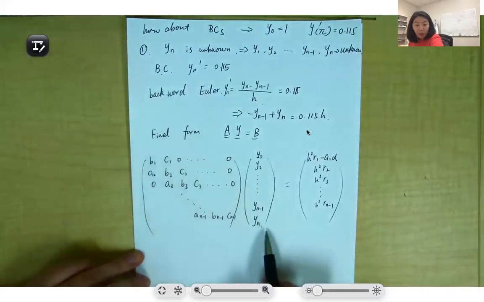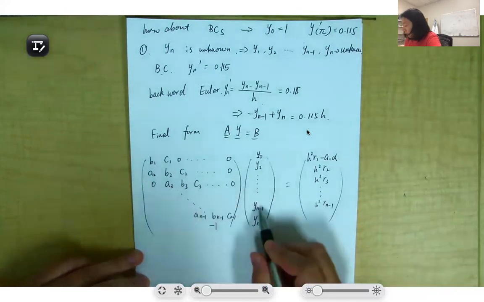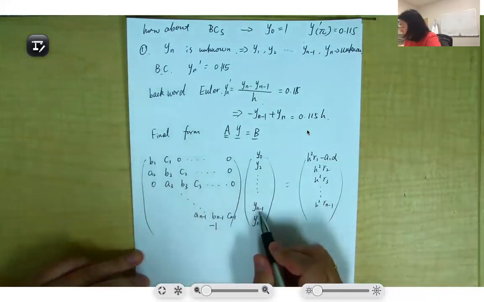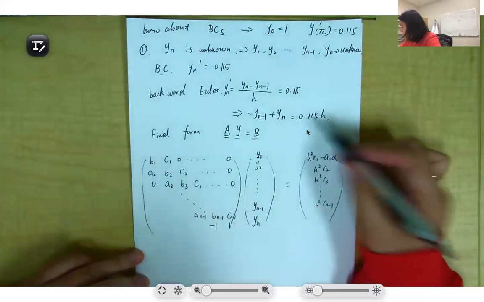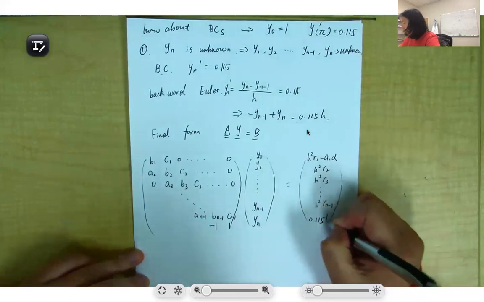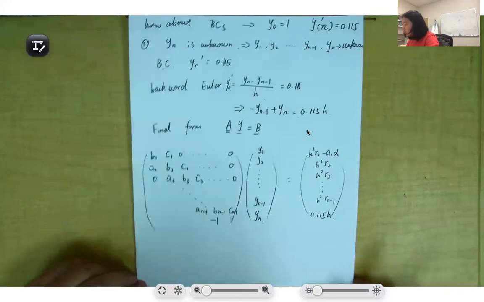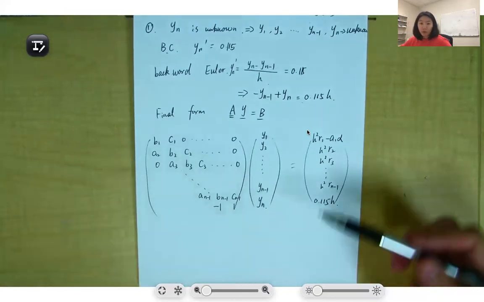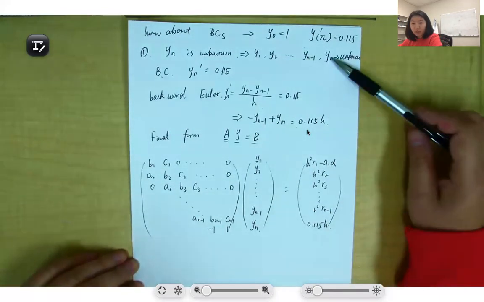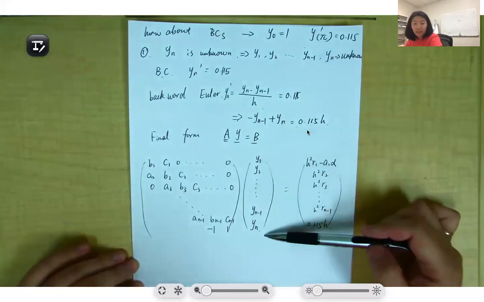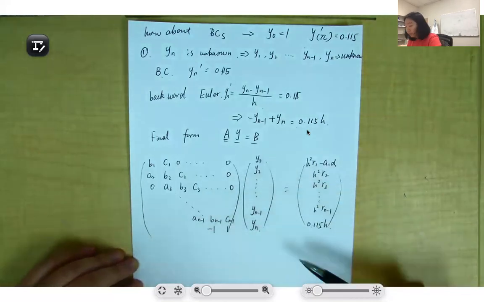But the right-hand side boundary has been changed, which is minus 1 for yn minus 1, and 1 for yn. Then the right-hand side is 0.115h. So now this becomes your state space matrices. And you can see that when you change the boundary condition type, you will change the size of your state space matrices as well as how you write the left boundary and right boundary.